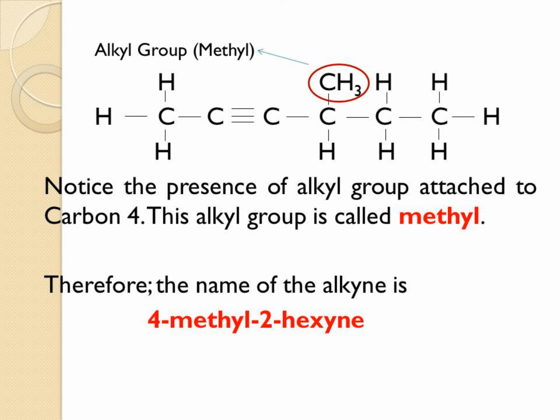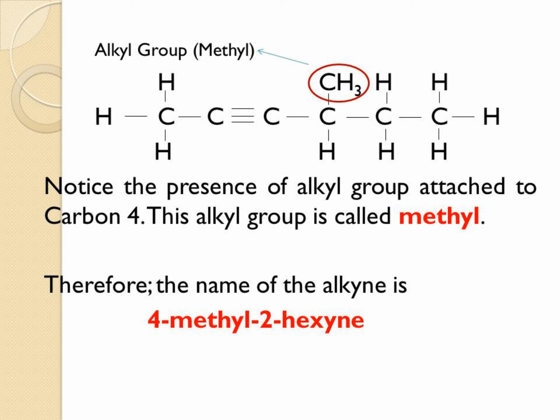Okay, so we will give the name to our alkyne having either an alkyl group or a substituent group. In this example, notice the presence of an alkyl group attached to the carbon 4. We have the alkyl group methyl attached to the carbon 4. Okay?